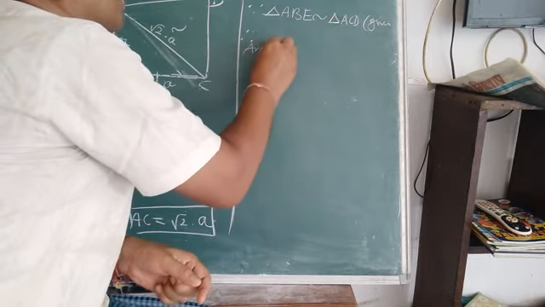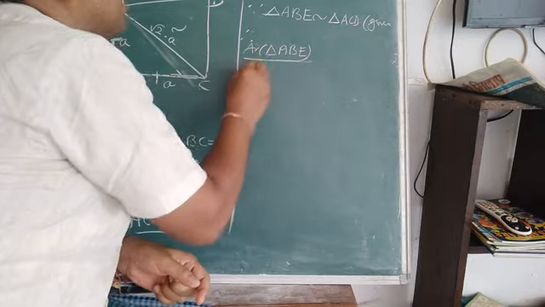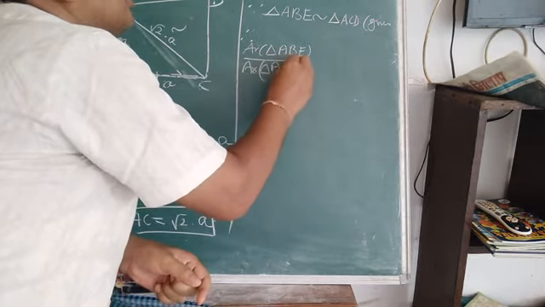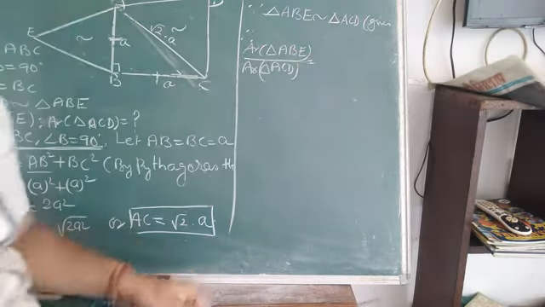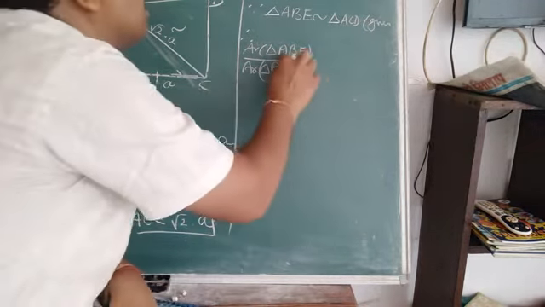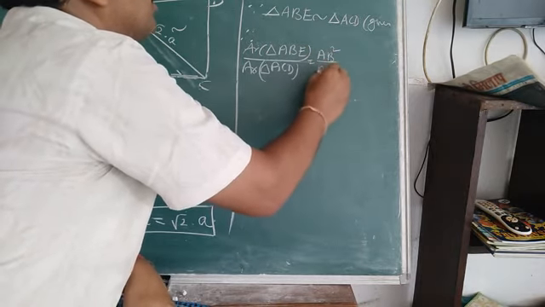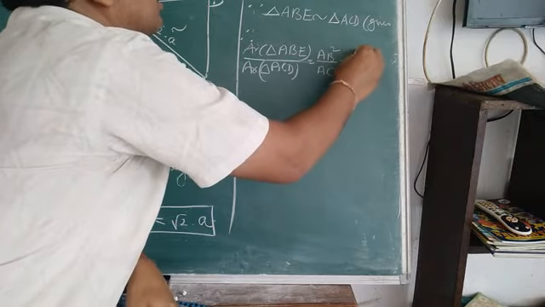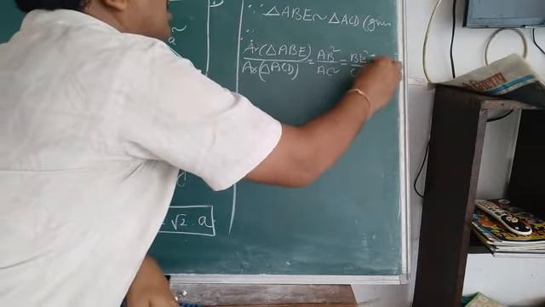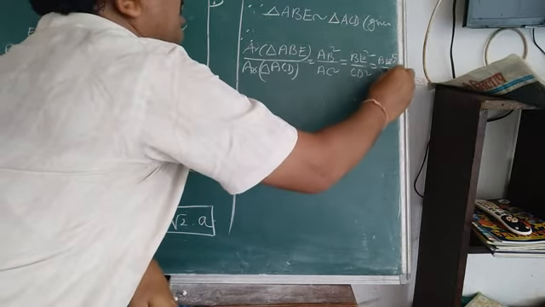Area of triangle ABE divided by area of triangle ACD is just equal to the square of the ratio of their corresponding sides, that is AB square by AC square is equal to BE square by CD square is equal to AE square by AD square.